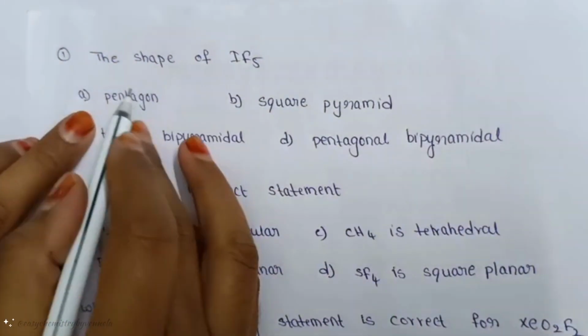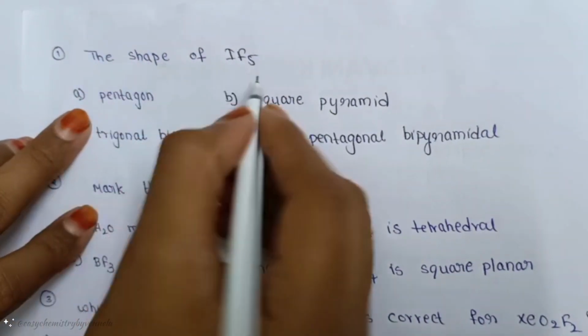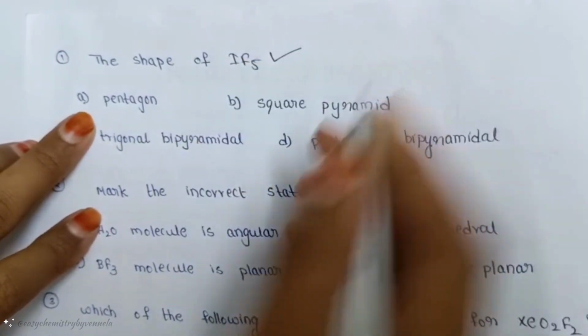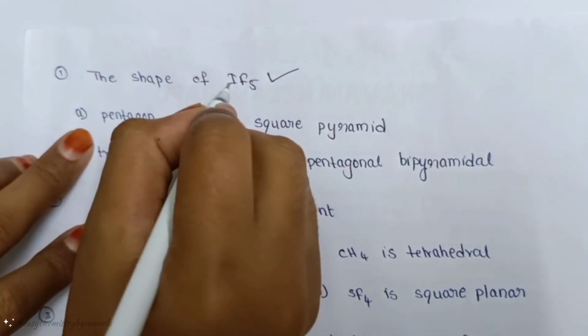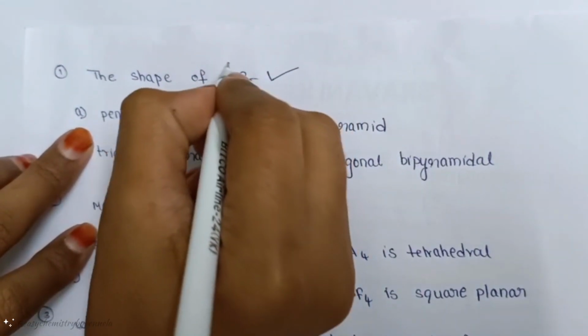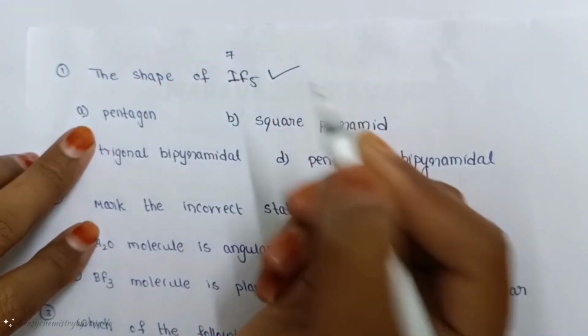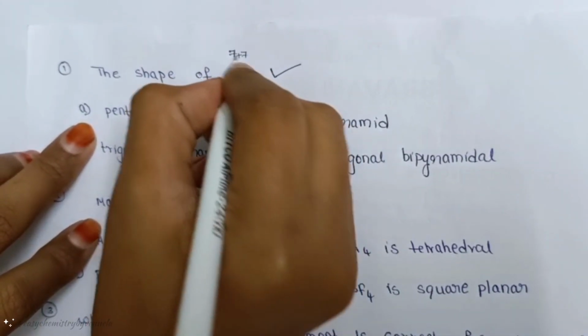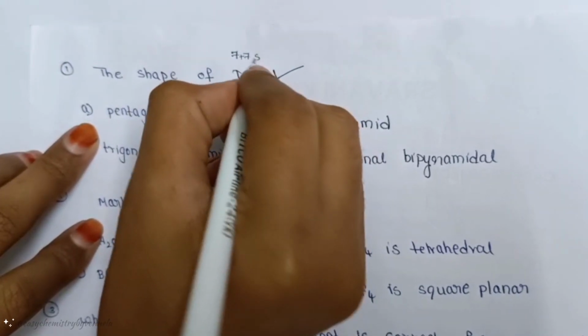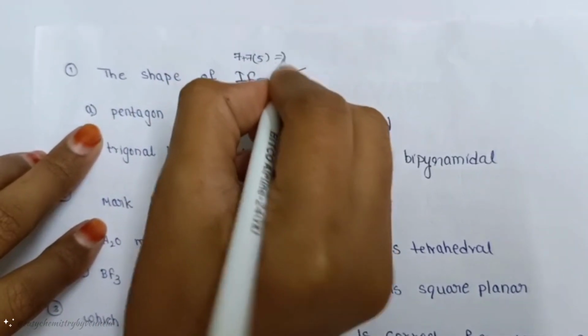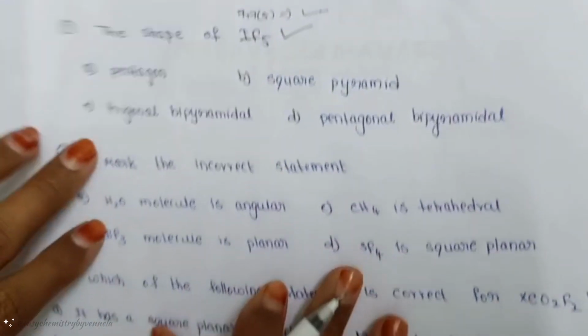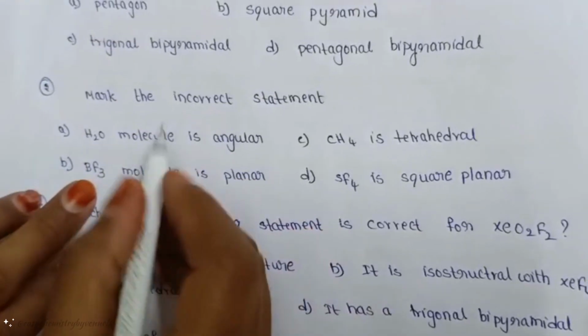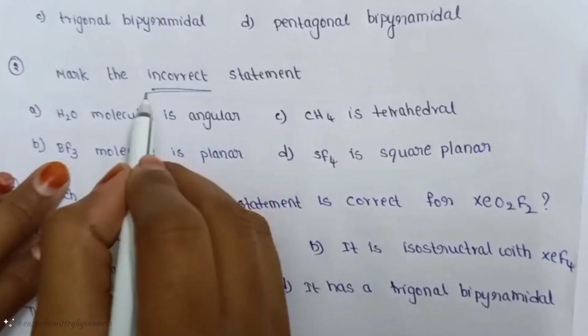So first one is the shape of IF5, I already told. What is iodine group number? 7. Fluorine group number also 7. 7 plus 7. How many fluorines are there? 5. So you can calculate that one. Next question, mark the incorrect statement.